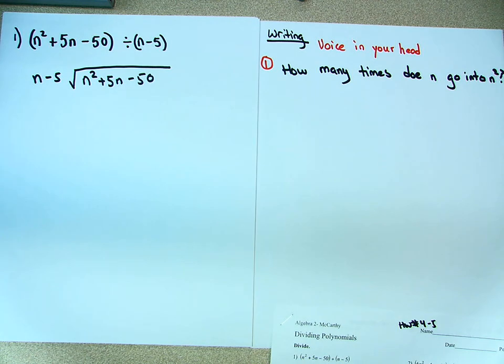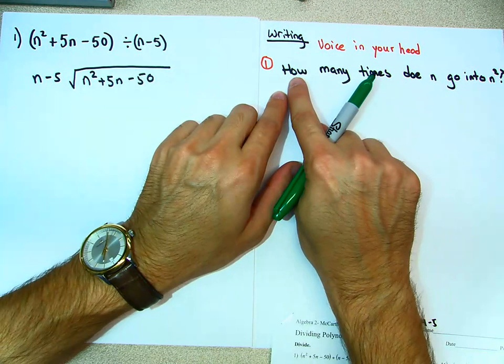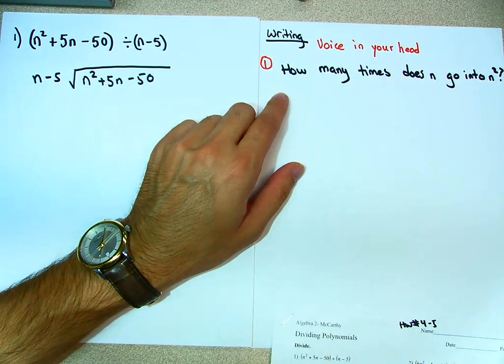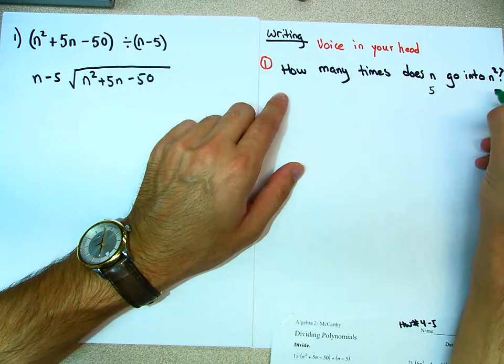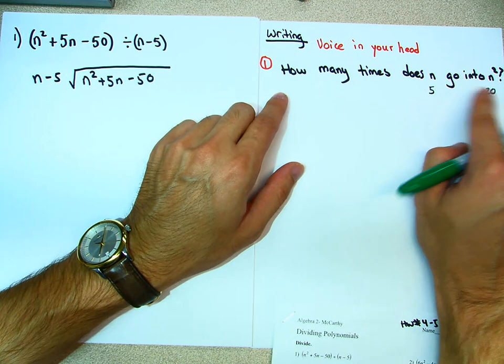And what on earth do you mean, Mr. G? Well, if I say, for example, imagine I say how many times does, let's say, 5 go into 20, right? Imagine if I say that. I say, how many times does 5 go into 20?